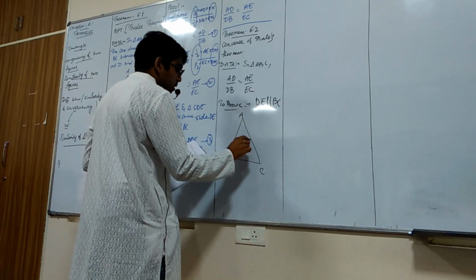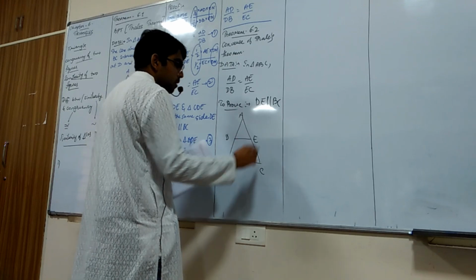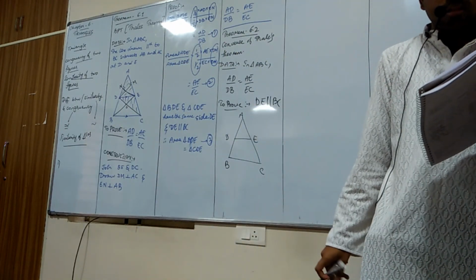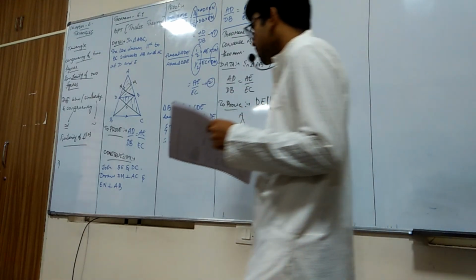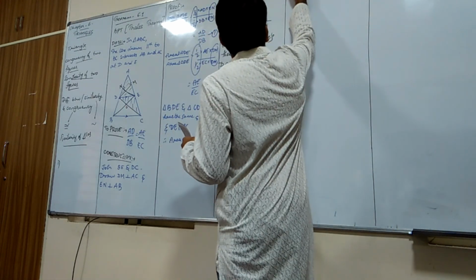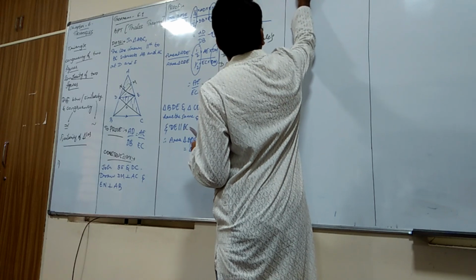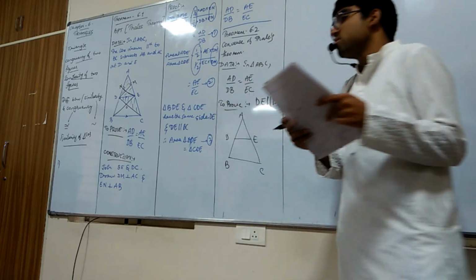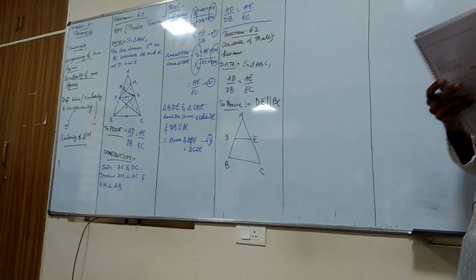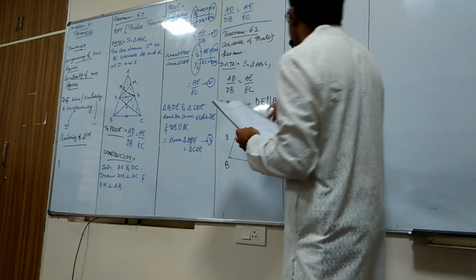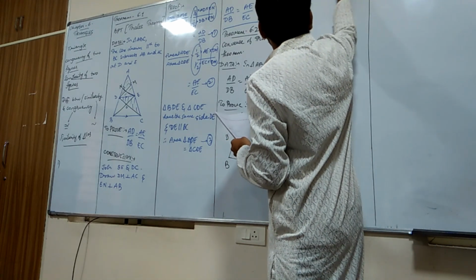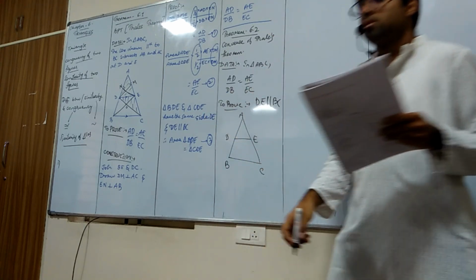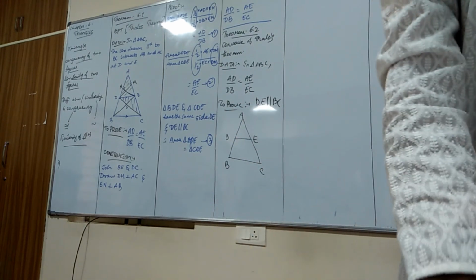Okay, the figure. ABC, DE. Construction: draw DF parallel to BC.